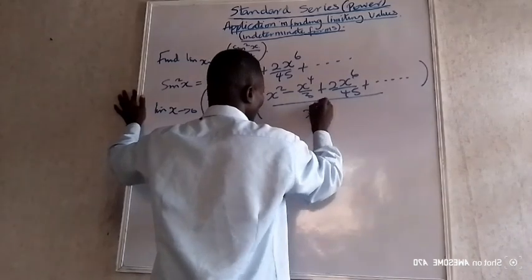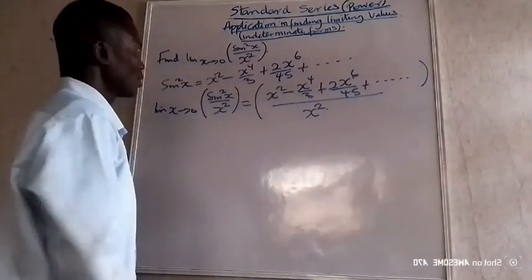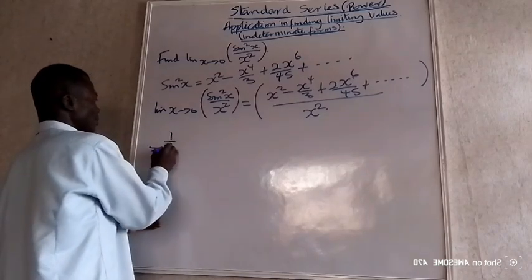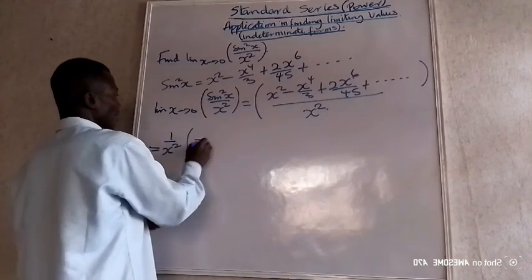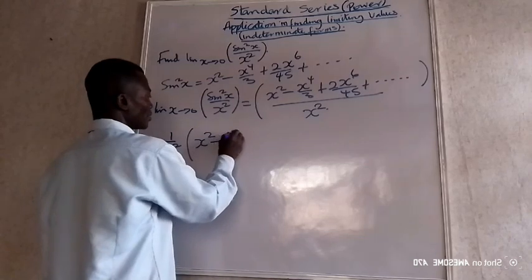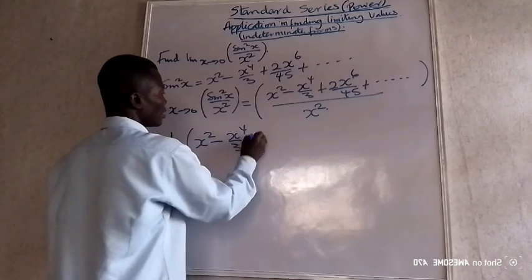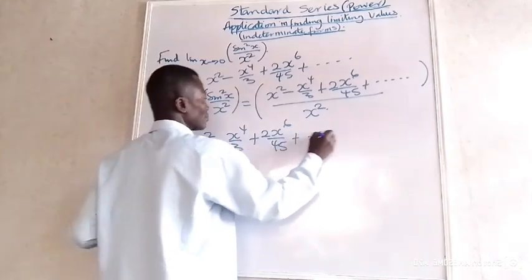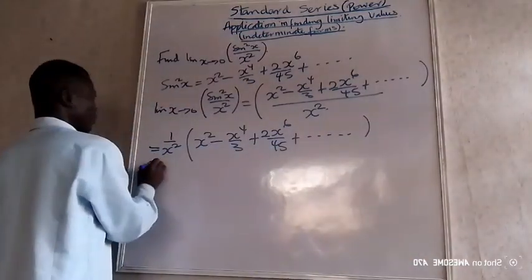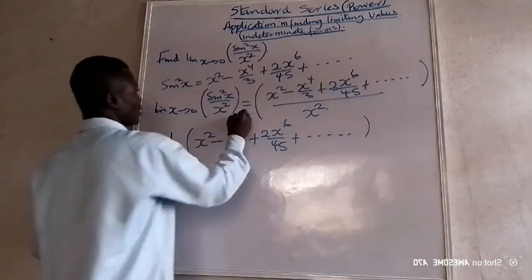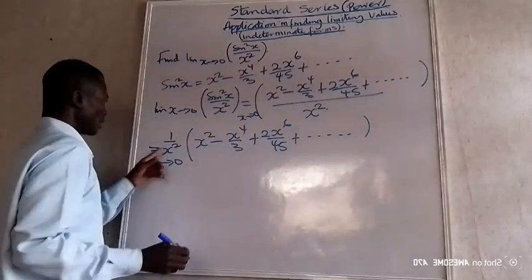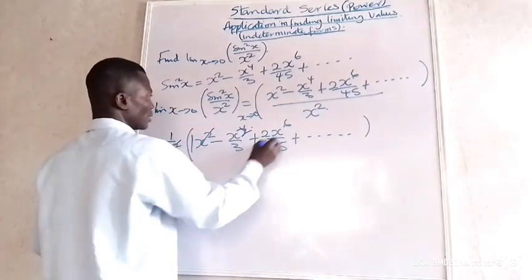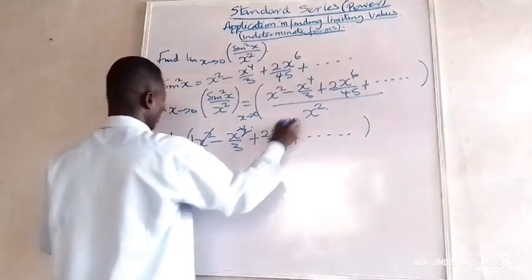divided by x squared. Or I can bring the x squared in. To make it simple, let me write it like this: x squared minus x to the power 4 over 3 plus 2x to the power 6 over 45. Don't forget, x tends to 0. Here, this one becomes 1, this one becomes squared, this one becomes to the power 4.